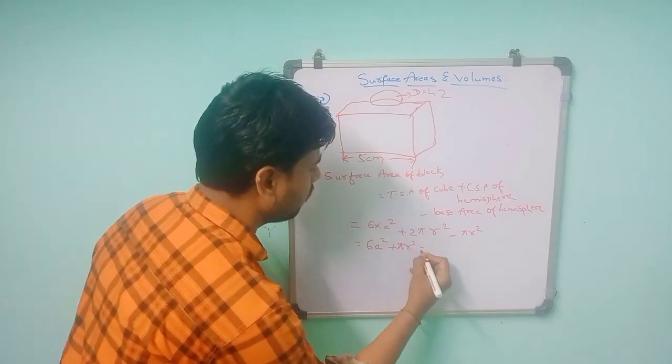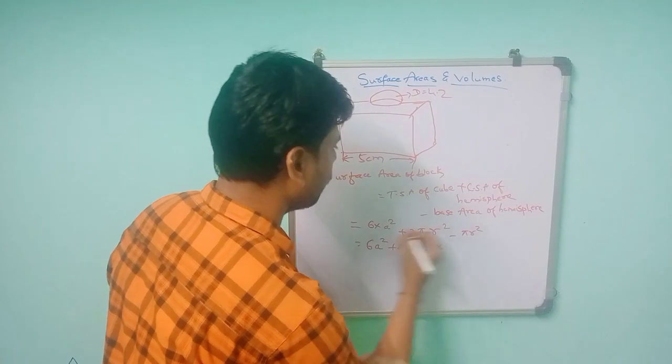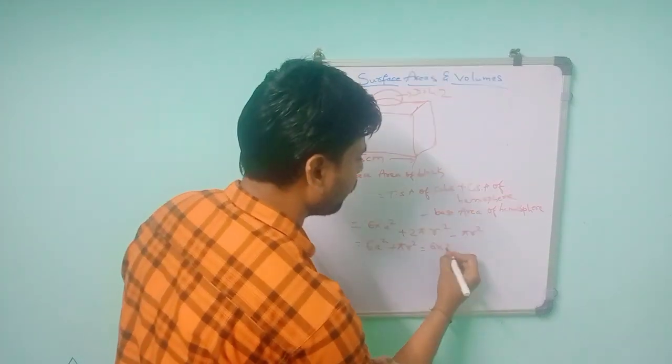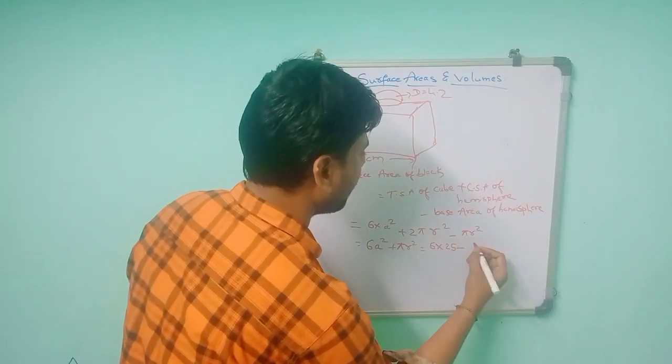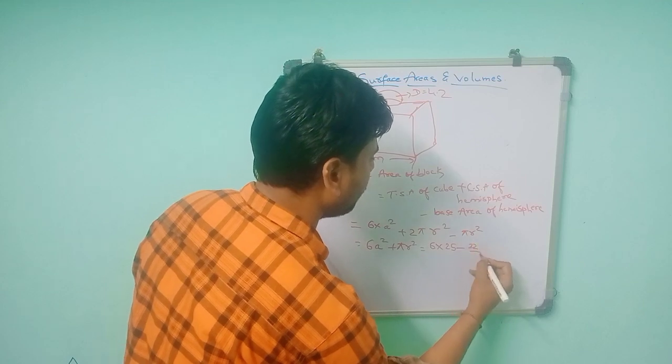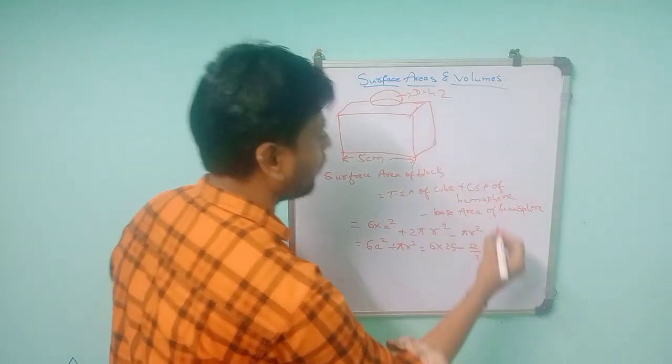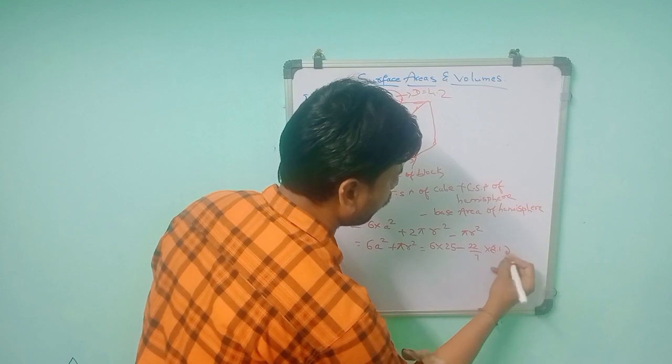So it is equal to 6 into a square, 5 square is 25, plus pi r square. Pi is 22 by 7, into r, which is 4.2 by 2, so 2.1 square.